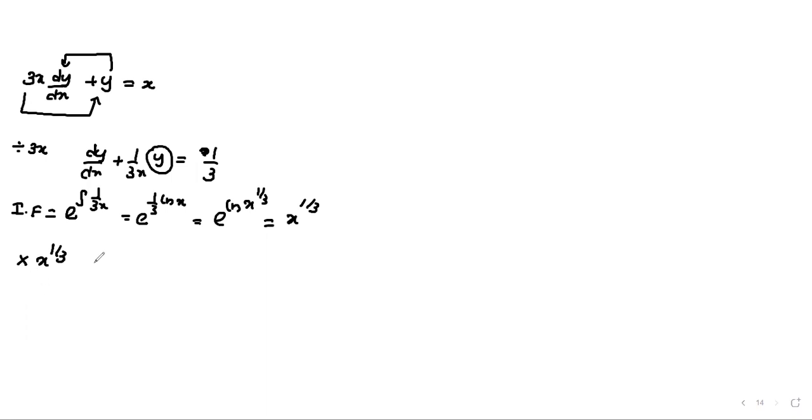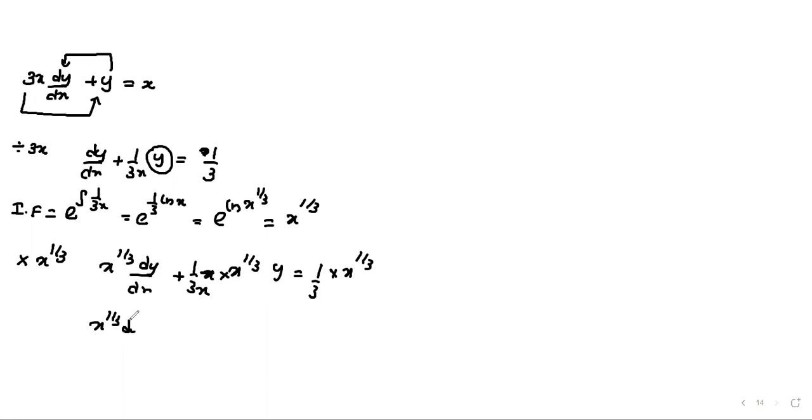I think I made a mistake. That is x to the power 1/3 dy/dx plus (1/3x) multiplied by x to the power 1/3, where x should be in the denominator, y equals 1/3 times x to the power 1/3. That's a fact. So if you do this, x to the power 1/3 dy/dx plus 1/3 x to the power minus 2/3 y equals 1/3 x to the power 1/3.